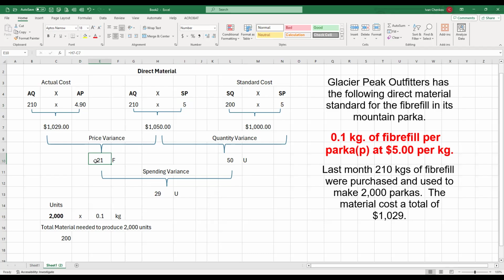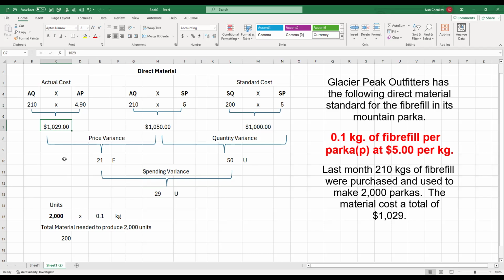But the $21 savings from the lower price is not enough to overcome the $50 overspending because of the increased usage of materials. For that reason, we have $29 overspending between our standards and the actual price that we spent for the materials.